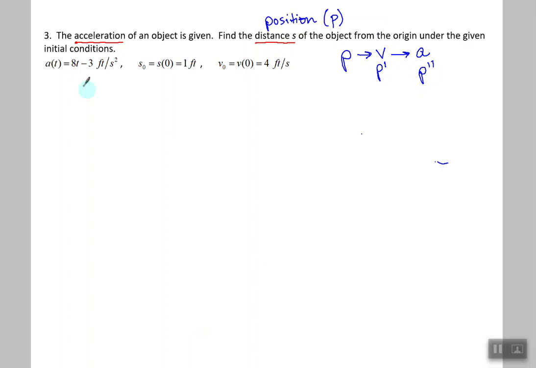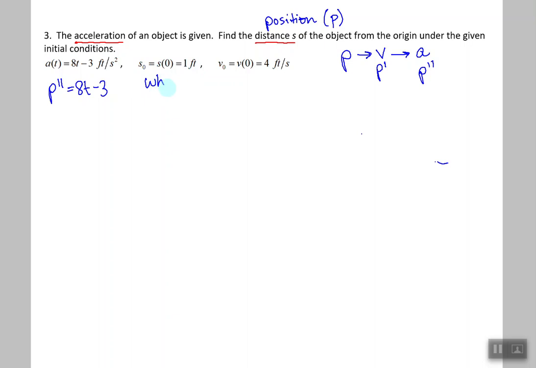So we could rewrite this if we wanted. a of t, instead, we could call it p double prime, is 8t minus 3. This initial condition says the position at time 0, whether we write it as s sub naught or s of 0, is 1.